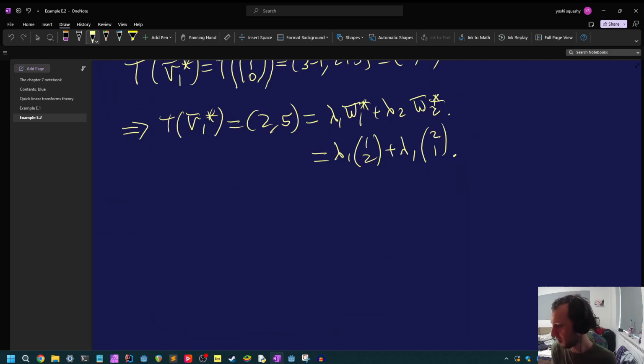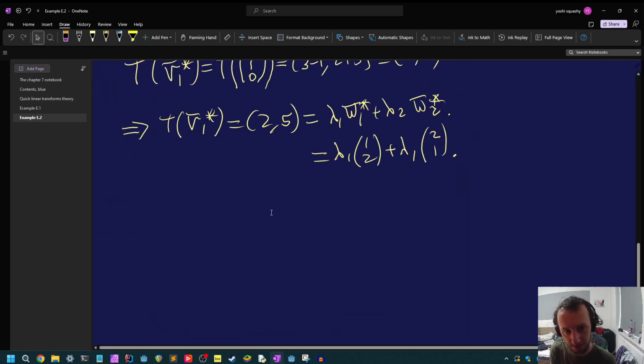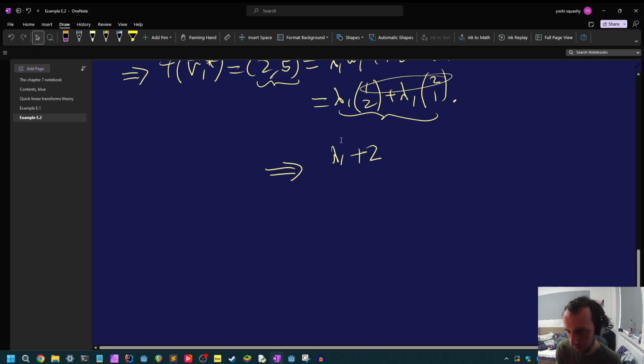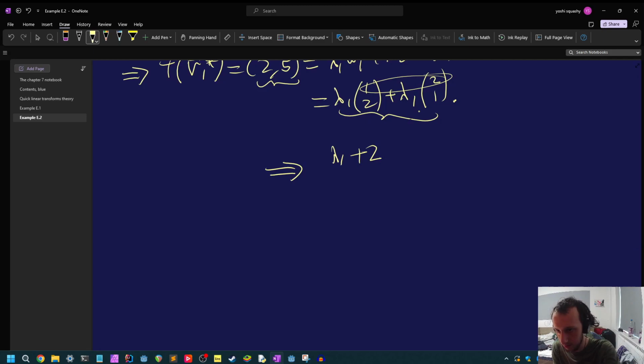Alright, and then to continue, like we saw very briefly in example 1, we're simply going to expand this out using 2, 5 and using this as a system of 2 linear equations and 2 unknowns. So from the first dimension, we have lambda 1 times 1 plus 2 lots of, oh that's a mistake there, it should be lambda 2.